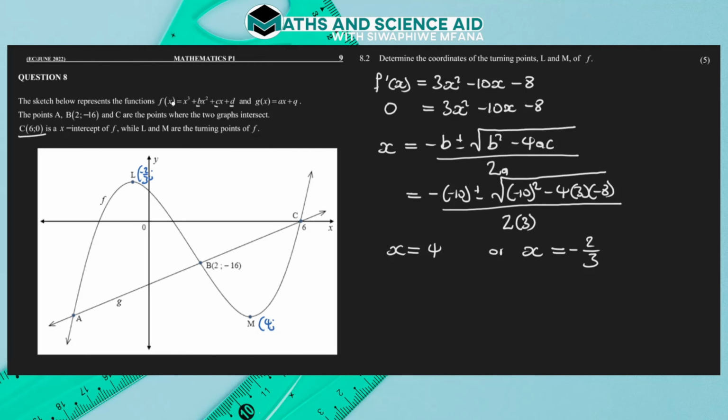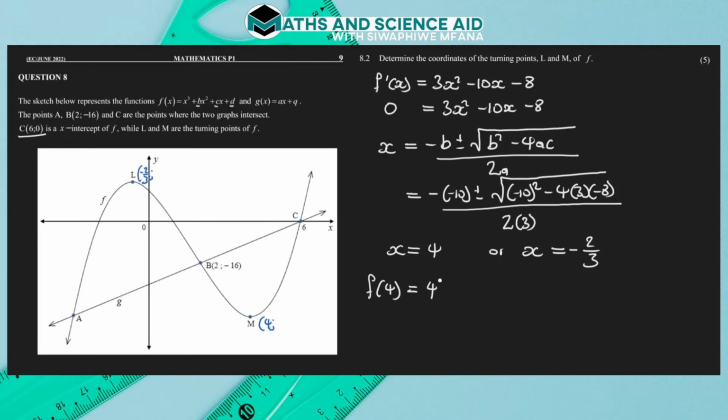And obviously for that, we can use the original equation of f, because remember, we know the values for b, c, and d. So we simply need to substitute in our x values there and find the corresponding y values. So let's start with 4. What is the y value of f if x is 4?